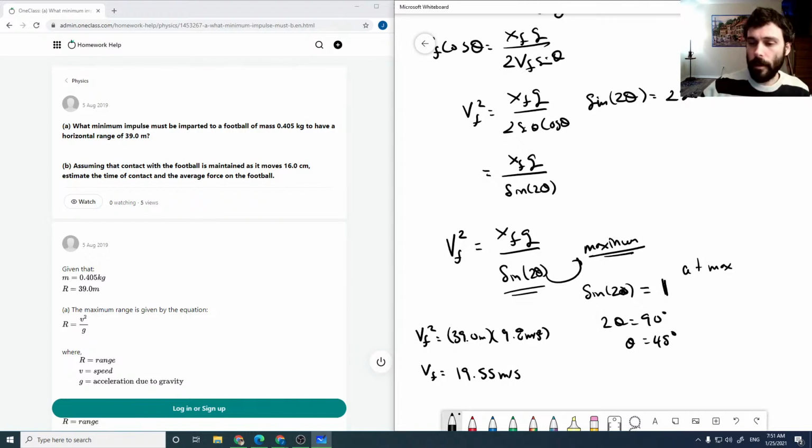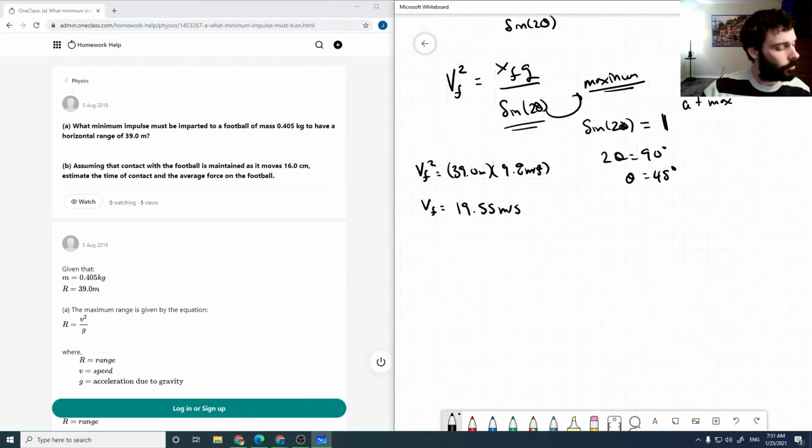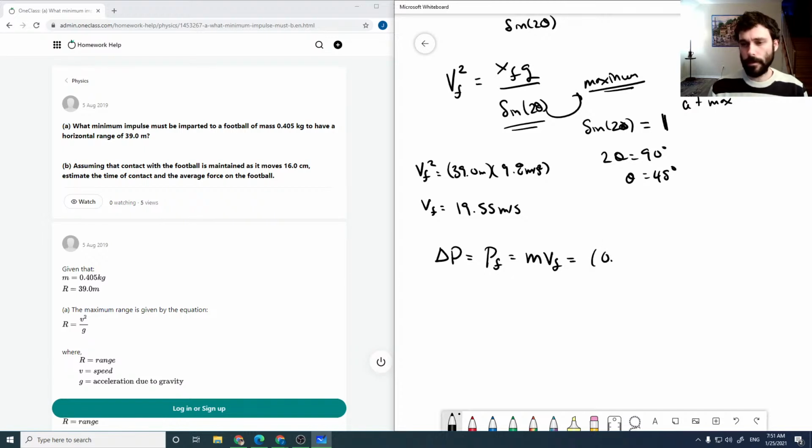Okay, so now our minimum impulse is delta P, which is equal to just our PF as we said. And so it's our mass times our velocity, which is 0.405 kilograms times our 19.55 meters per second, which comes out to be 7.92 kilogram meters per second.